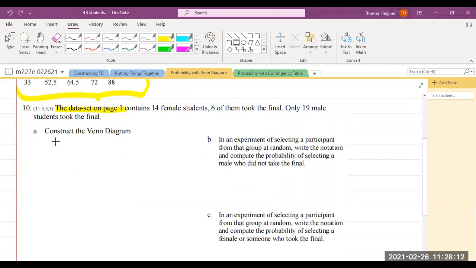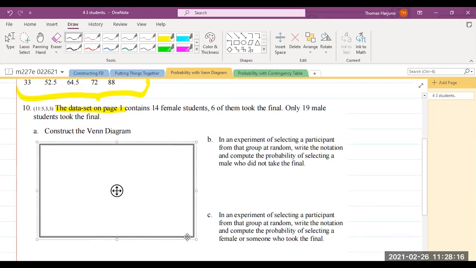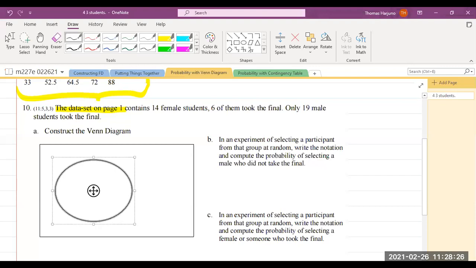A Venn diagram always starts with a rectangle, always. And then there are 2 categories here: male or female. Let me use the first circle to be female, which means outside of that first circle will be not female.